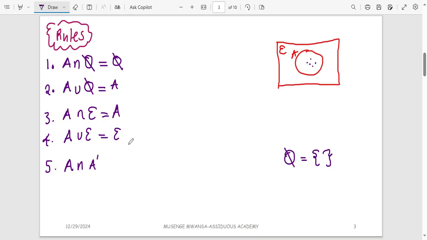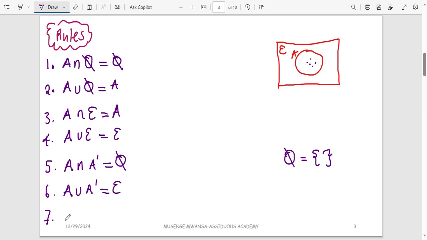So there is no intersection between a set and its complement. That's an empty set. And when you get a set union its complement, the answer is the universal set, because you are combining what is inside with what is outside. Combining, what do you end up with? You end up getting everything.